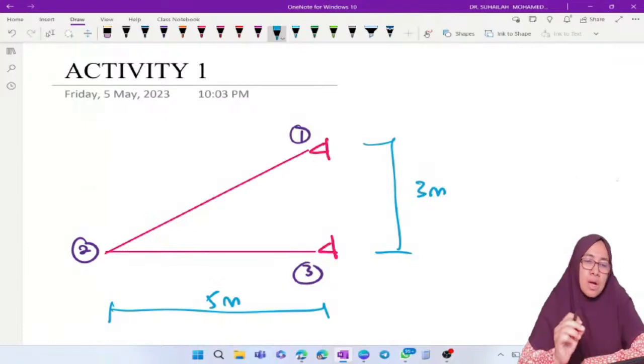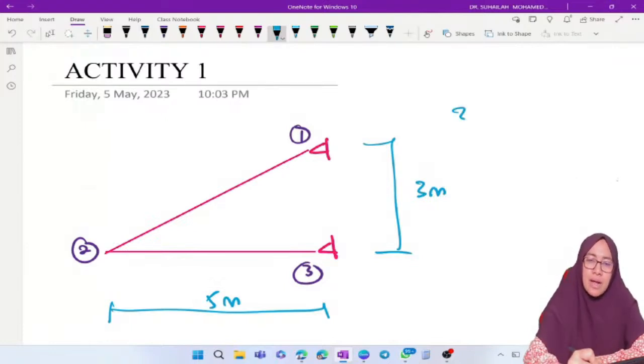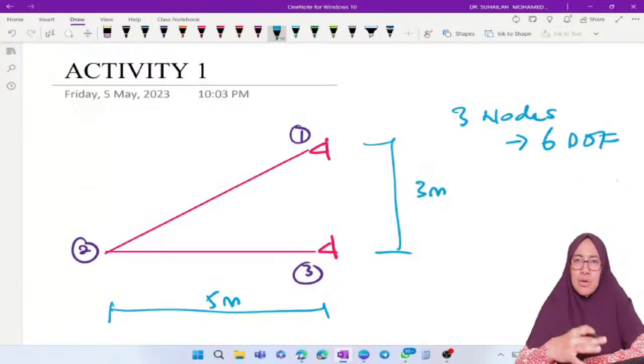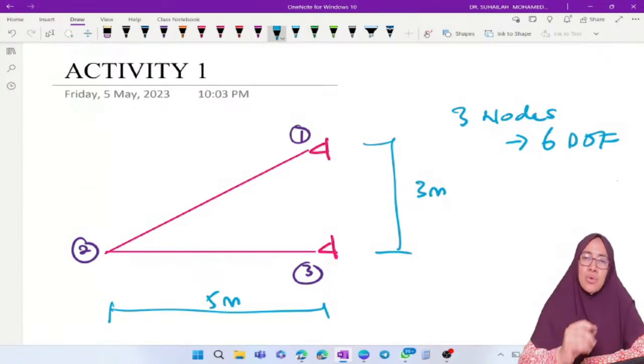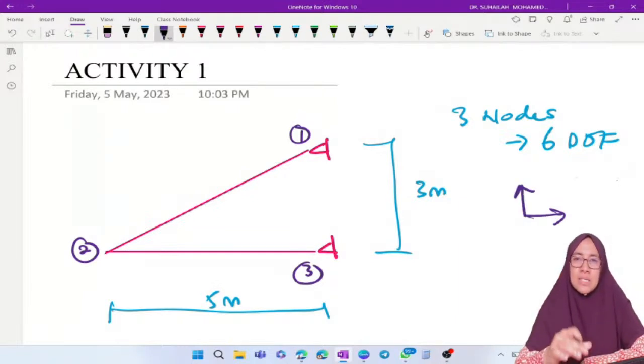So there are 3 nodes. 3 nodes means we will produce 6 degrees of freedom, because we only count 2 degrees of freedom per node in a truss, in X and in Y direction. And we need to always follow this direction.